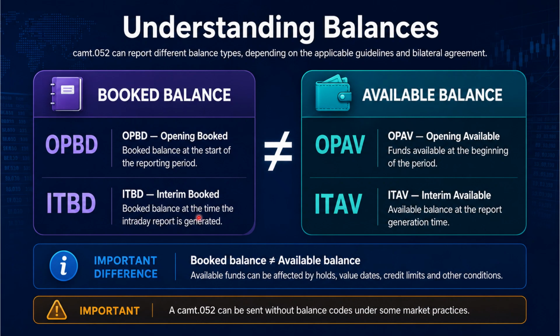It is the booked balance at the time the intraday report is generated. ITAV means interim available. It represents the available balance at that time. Remember that booked balance and available balance are not necessarily the same. Available funds may be affected by holds, value dates, credit limits, and other conditions. Also, under some market practices, camt.052 may be sent without balance codes.